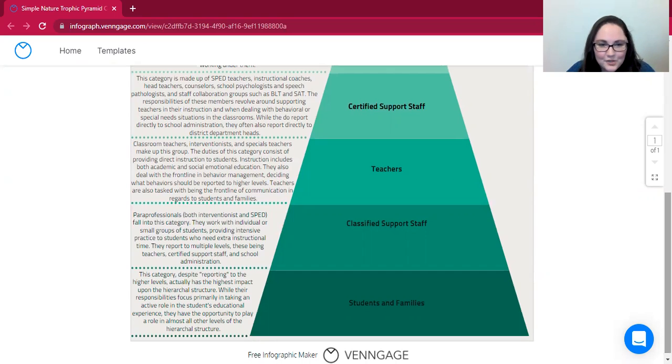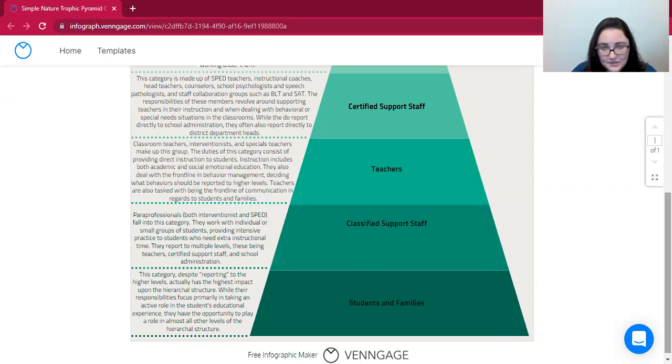They work with individual or small groups of students rather than large classrooms, and they provide intensive practice to these students who need a little bit of extra assistance as they struggle with certain conceptual understandings, or if they're higher levels and they're needing pushed higher, then they can also work with these people. They report to multiple levels, both teachers, certified support staff, and school administration. They report directly to all of those.